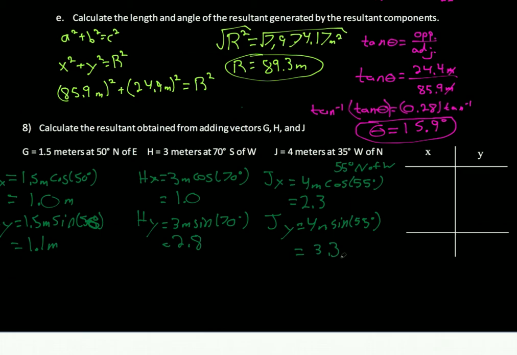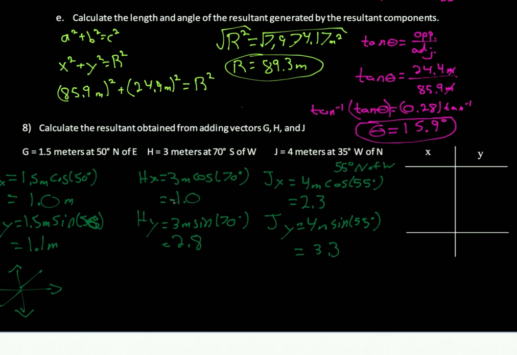Now, another tricky thing to check: which direction are my components facing? Are they negative or positive? This one was north of east, so both my components are in positive directions, so we're good on both of those. This one was south of west, so south, down, is negative, and west, to the left, is negative.